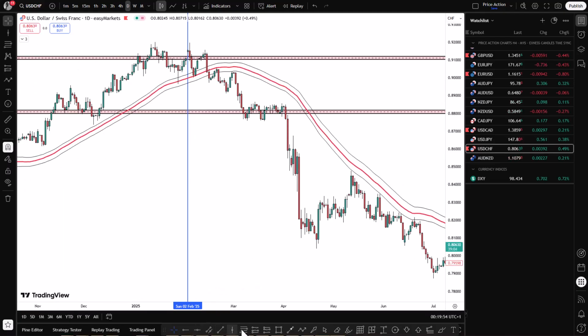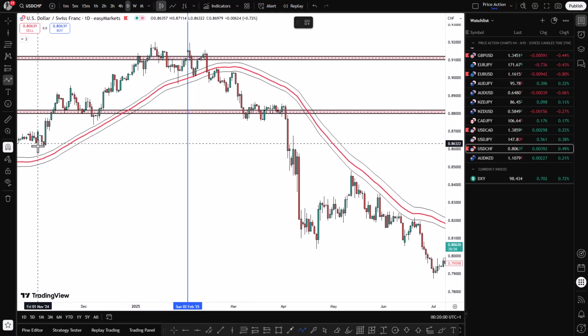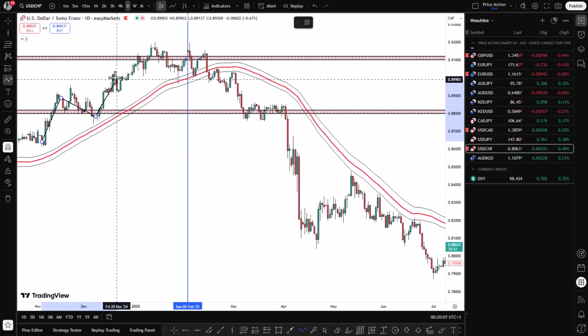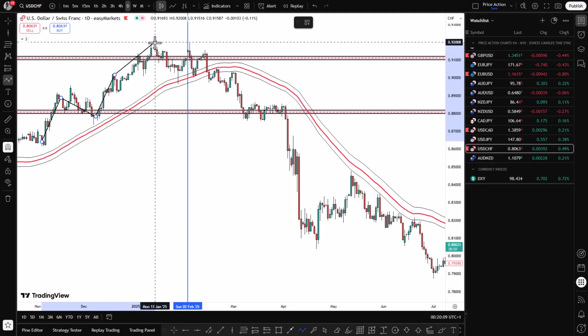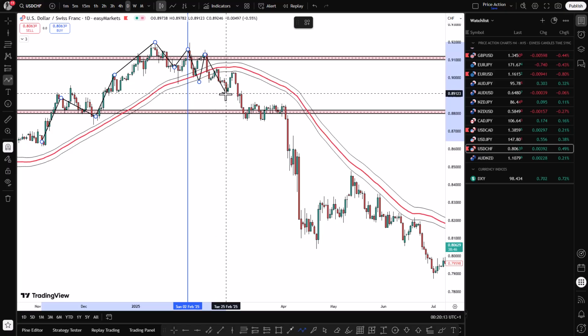So we went from forming the market structure, because it was going up, because the DXY was also showing us that the dollar was strong. So when it was strong, it was forming higher highs and higher lows. Higher highs, higher lows, okay? But then when we had the switch in the dollar index, you can see that we also had a switch in the USD CHF.